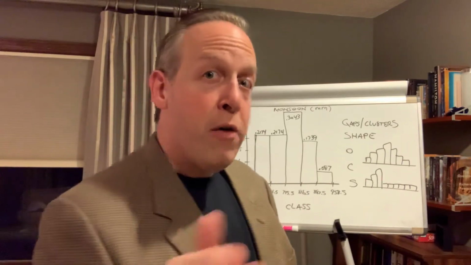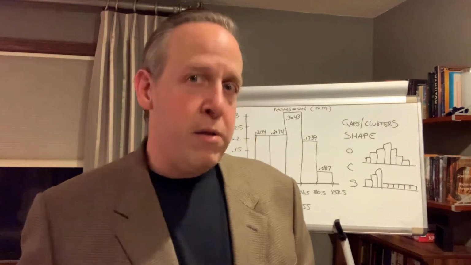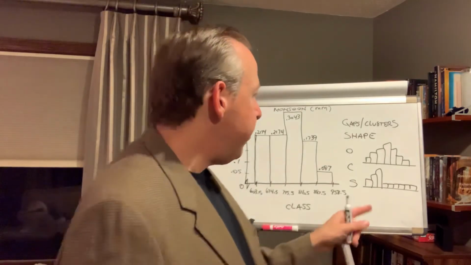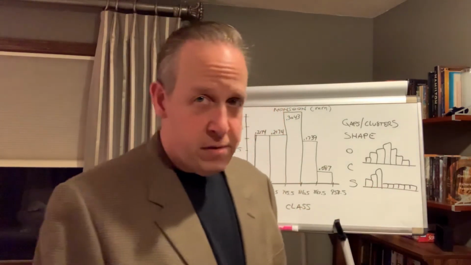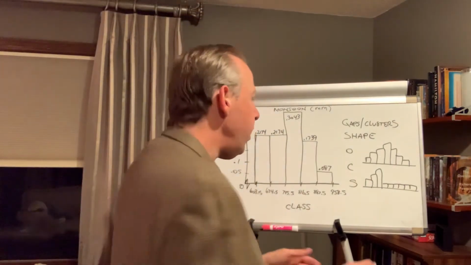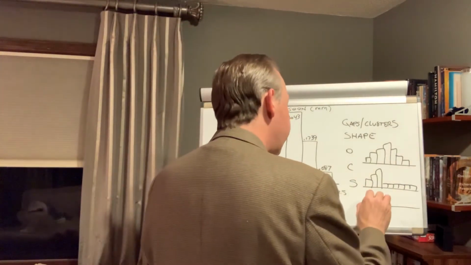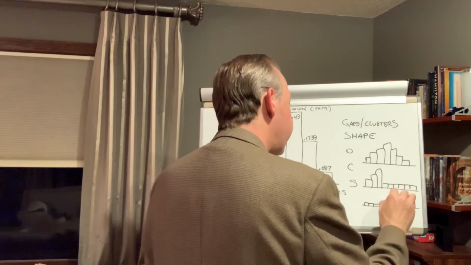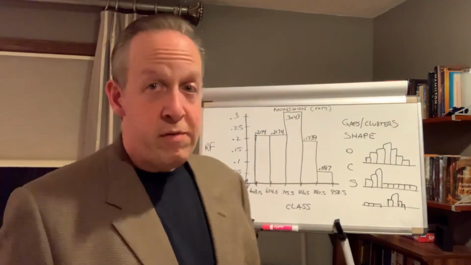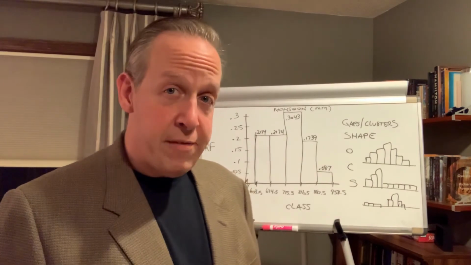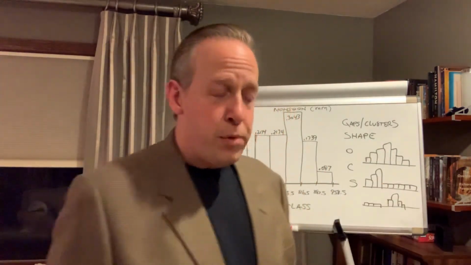So does it trail off to the right or does it trail in from the left? This would be skew right because it trails off to the right. This would be, let's say, skew left. Some variation on that theme, that'd be skewed left. So skew left, skew right, approximately normal.